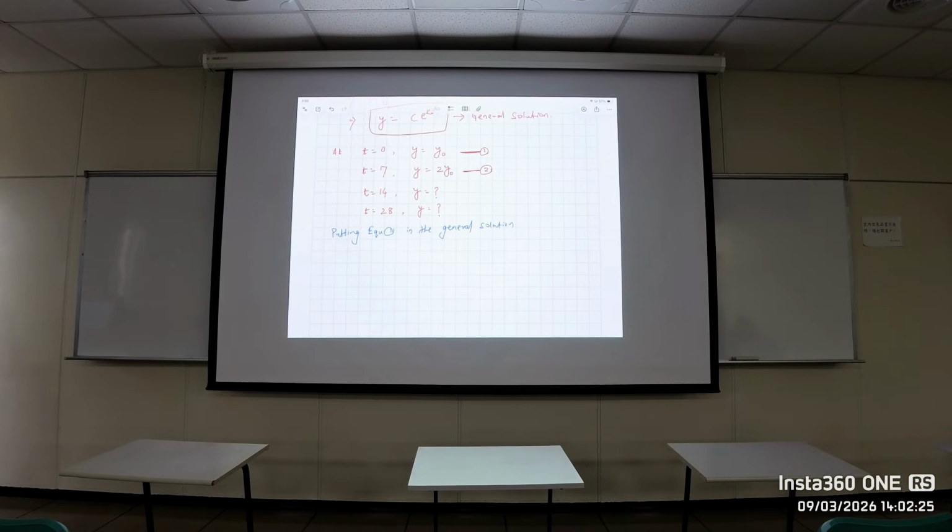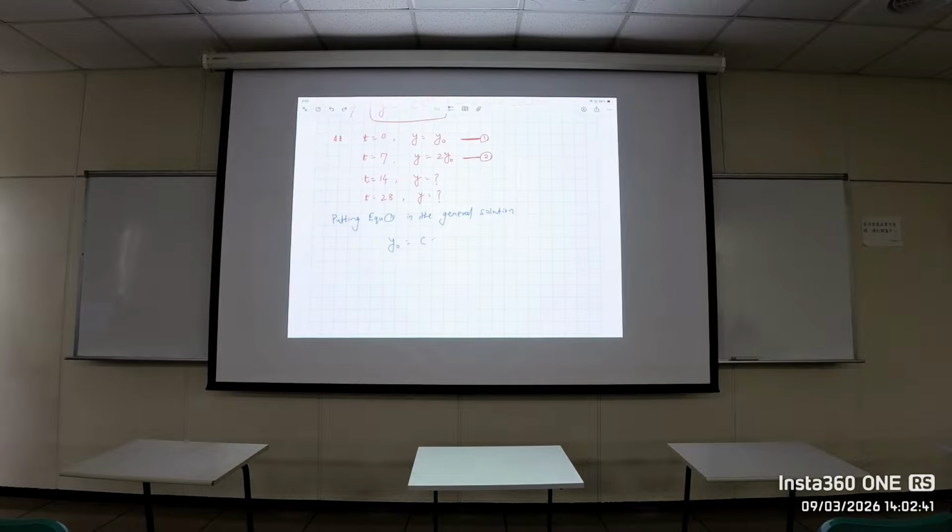What will I get? y0 is equal to C e to the power k0, and that is giving me C is equal to y0.